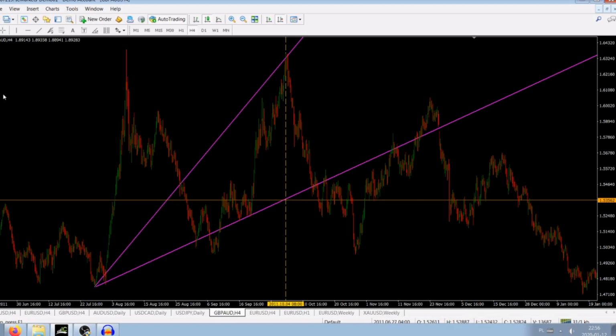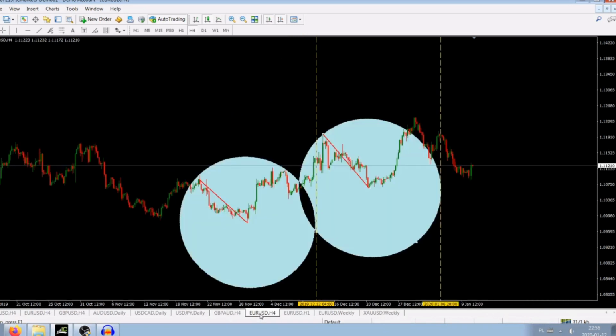The second method is regarding the use of circles to find future market reversal points, or in other words support or resistance points. So let me show you this method. I already made circles for you just to show you. It looks like that. If we got something like here and the price starts growing, we put the circle here.